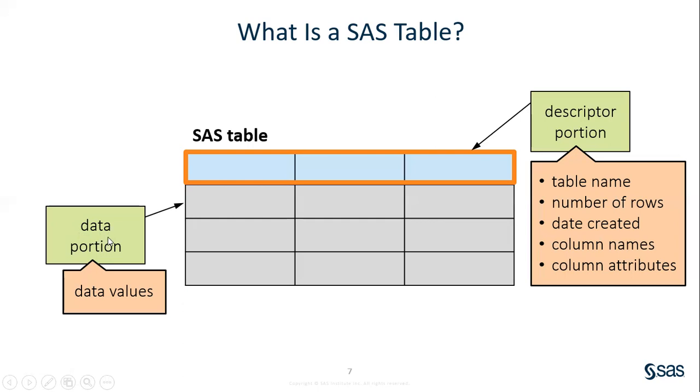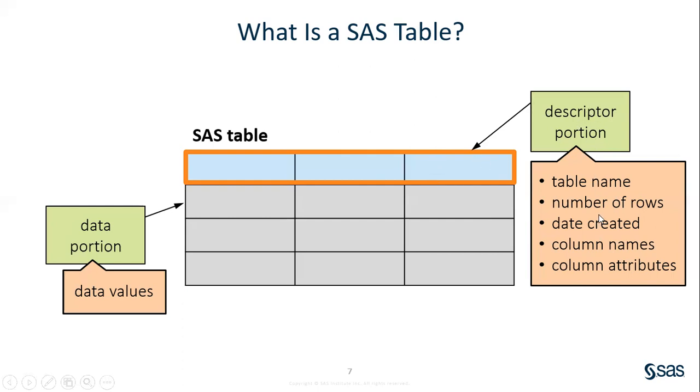The word itself, data portion, means it consists of values, where you see those data values. Whereas the descriptor portion describes your table. That is the general information of your table, like what is the name of the SAS data set, when it was created, when it was modified, did any updates happen on that table, how many rows, how many columns. All that information is termed as the descriptor portion.